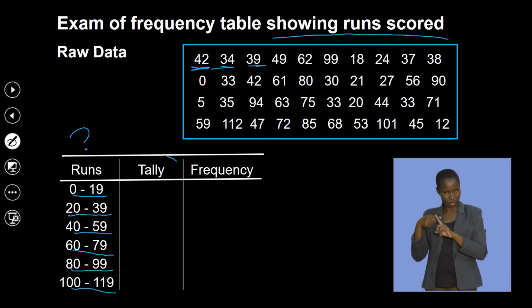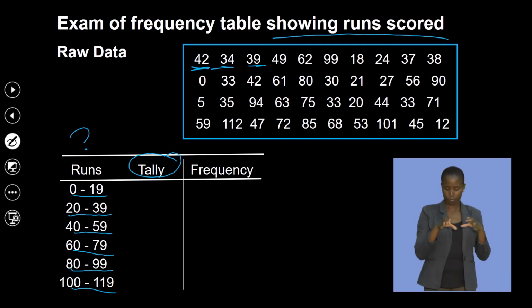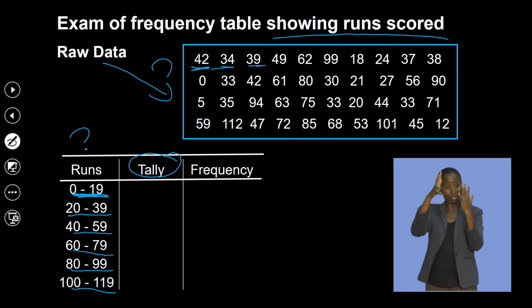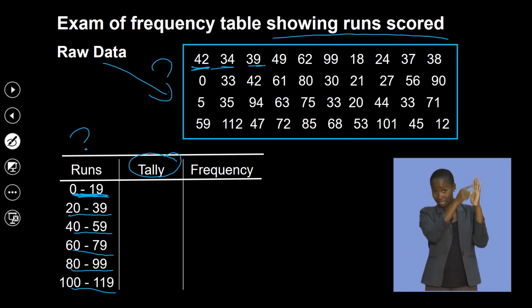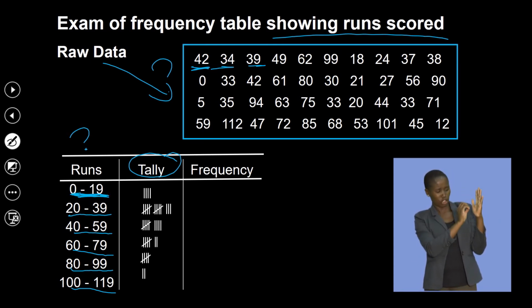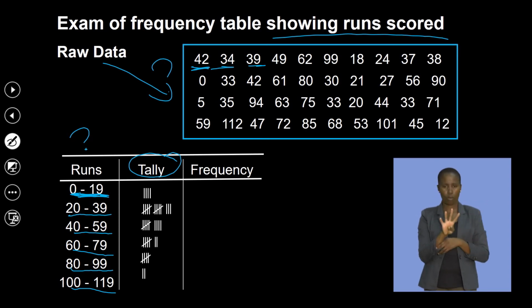Then I have to tally. I have to count how many runs between 0 and 19 from this raw data. Are we all together? So if you look at this, between 0 and 19, we have 4. This line means 1, that means 2, that means 3, that means 4.